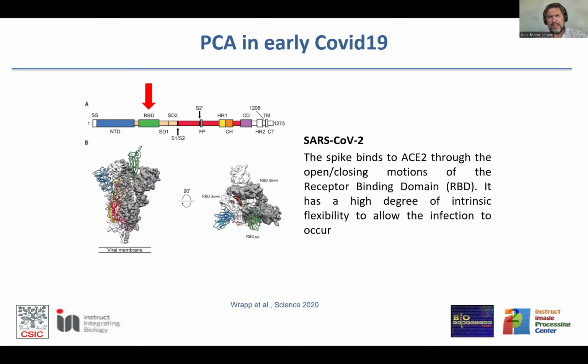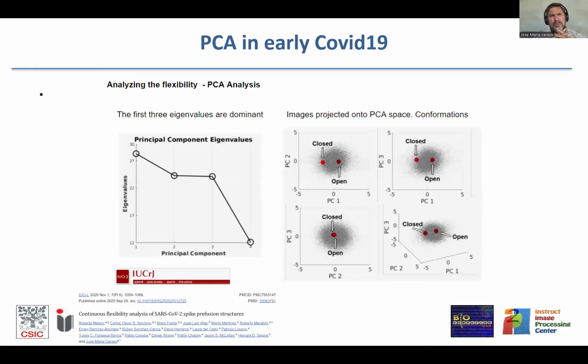We went, at the beginning of the pandemic, beginning of 2020, this was the first structure that was published, and immediately we got in touch with the group of Jason McLellan, and we got the images, and with the images, we were able to perform this, going from the 2D images to the 3D volumes.